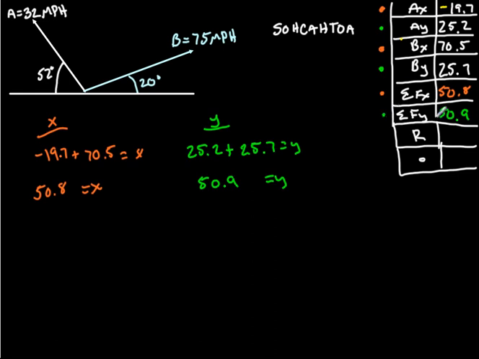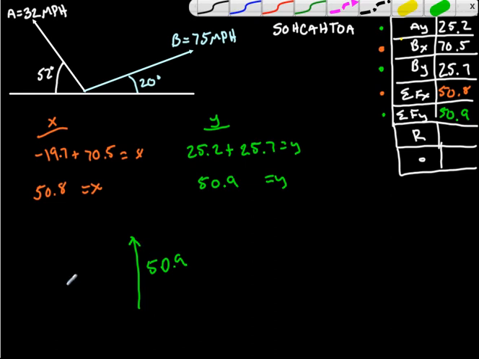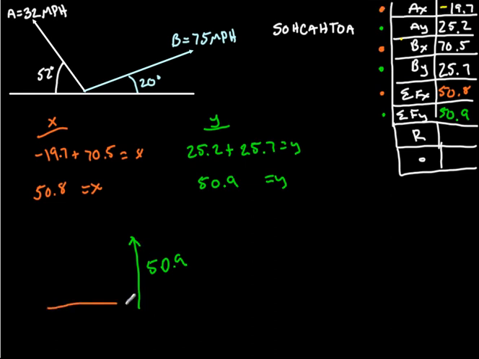Now, because they're both positive, we can see what directions they're going to be moving. So let's put these in here. We'll do the y first because it's positive. It is going up, 50.9. And we're going to do our orange for x, 50.8. It is going to the right.